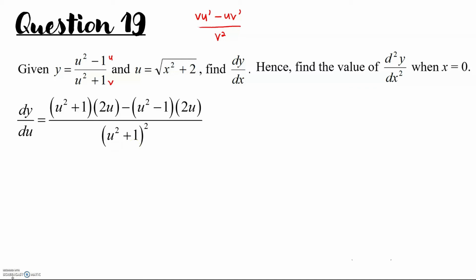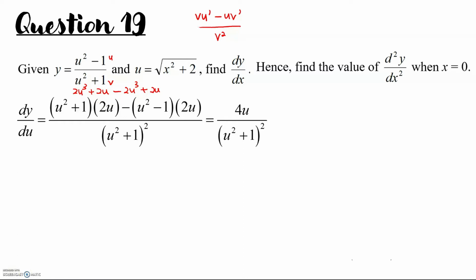We expand the numerator part, we will get 2u cubed plus 2u minus 2u cubed plus 2u. So you can get rid of 2u cubed here. So we are left with 4u over (u squared plus 1) squared.